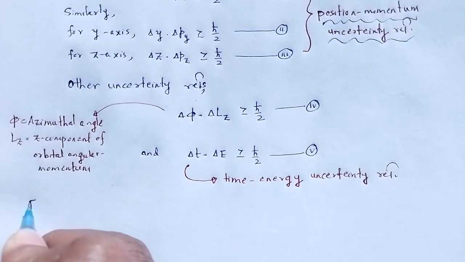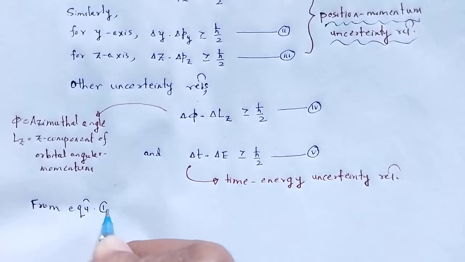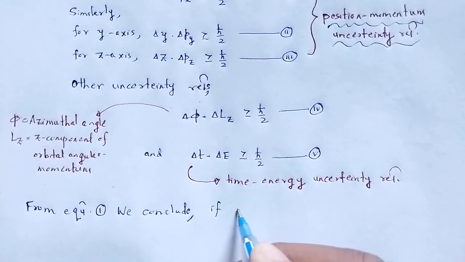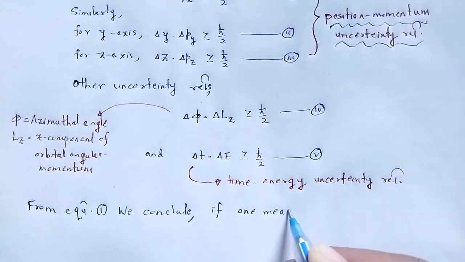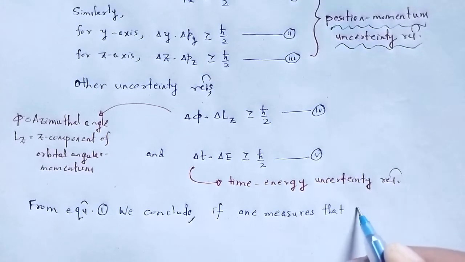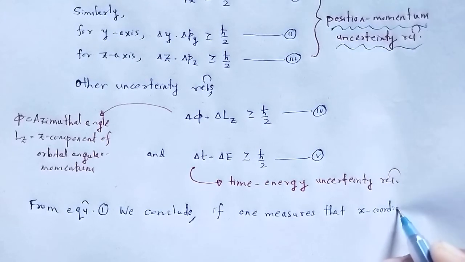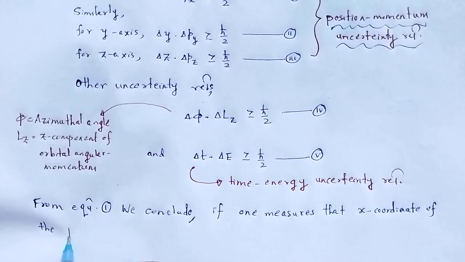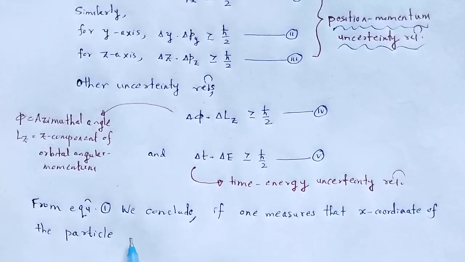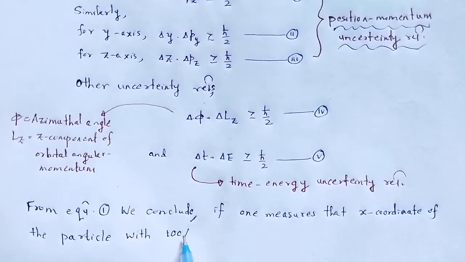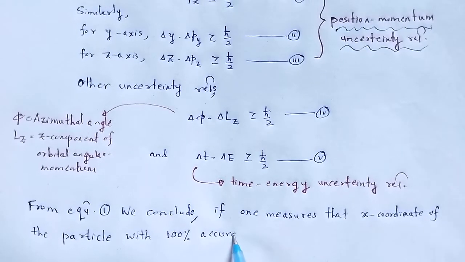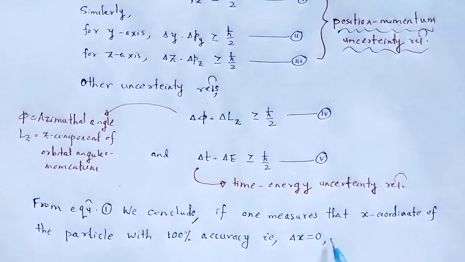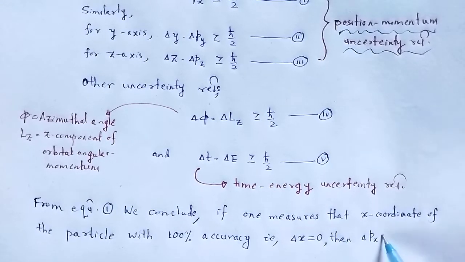Let me write what that equation indicates. From equation 1 we conclude, if one measures the x coordinate of the particle with 100% accuracy, that is del x will be 0, then in that case del px tends to infinity.